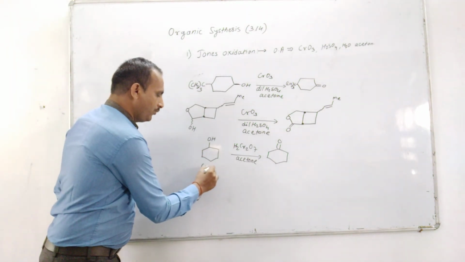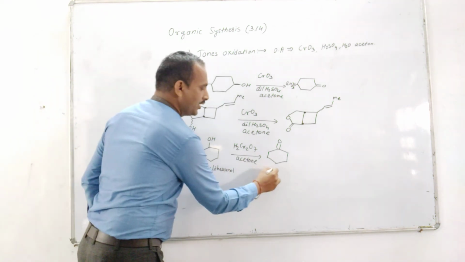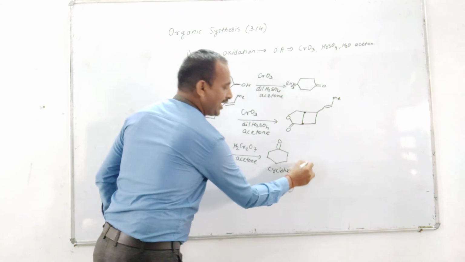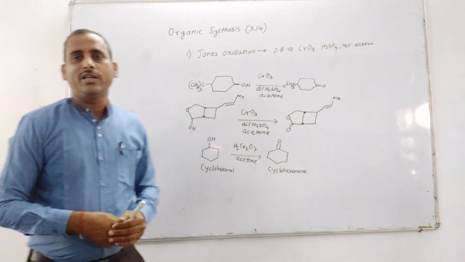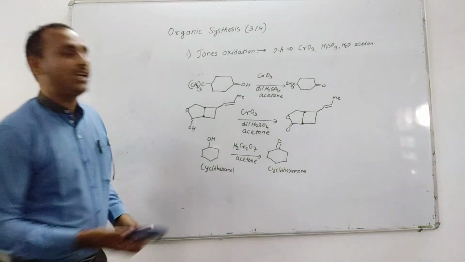Cyclohexanol is converted to cyclohexanone. Now this is the Jones oxidation. Okay, next reaction, Swern oxidation.